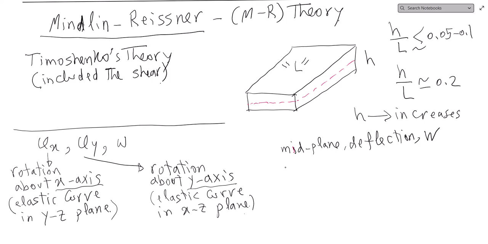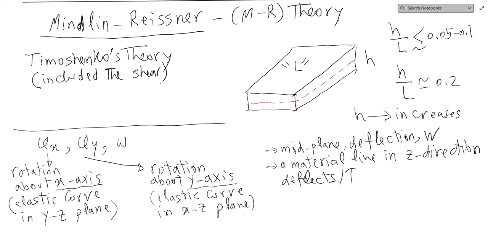So a material line along the z-axis deflects or transforms, as we discussed before, to phi y, minus phi x and 1.